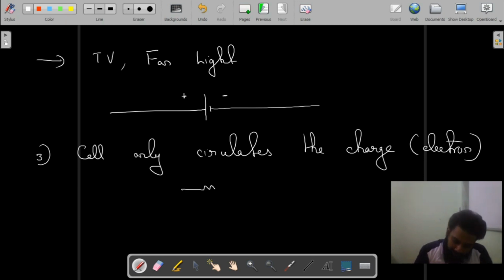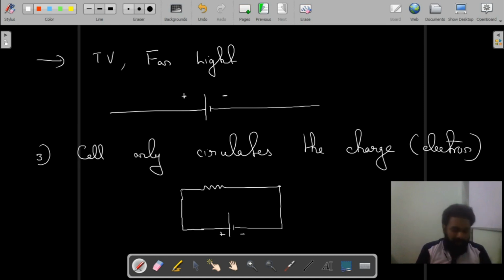Say for example if we take a circuit like this, this is a cell and a resistor is connected across it. This is the positive terminal, this is the negative terminal. From the negative terminal, the electrons will get energy and start moving in this direction.